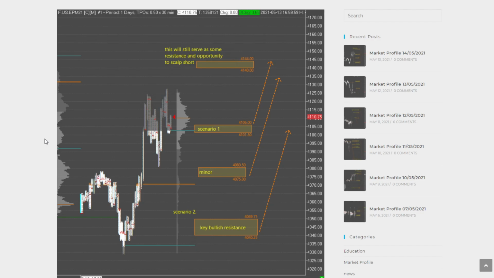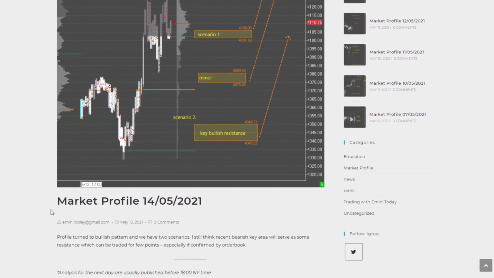I have about 12 different patterns, which are either bullish, bearish, or sideways action, and I always put it in the comment section here. You can see that the profile turned bullish.